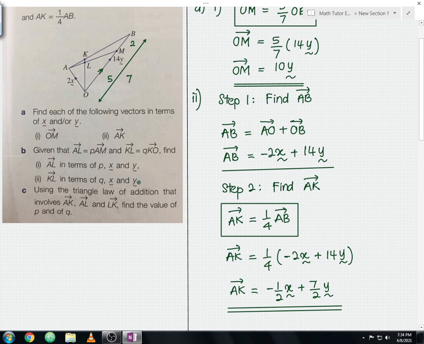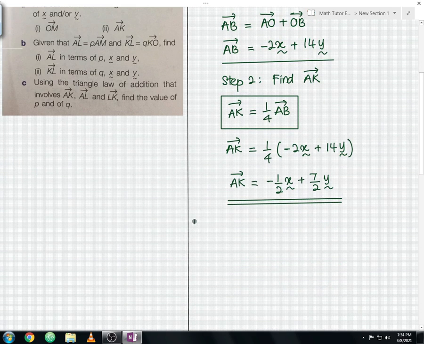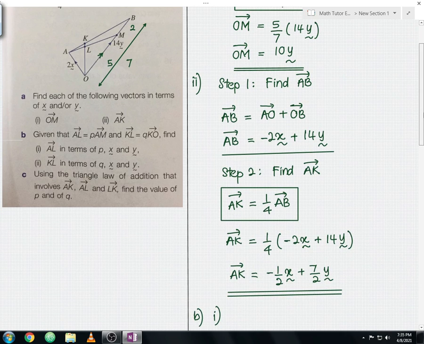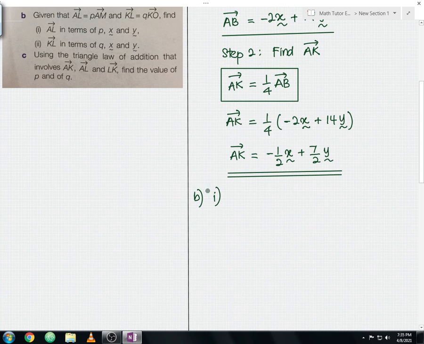Now let us focus on the question B part 1.